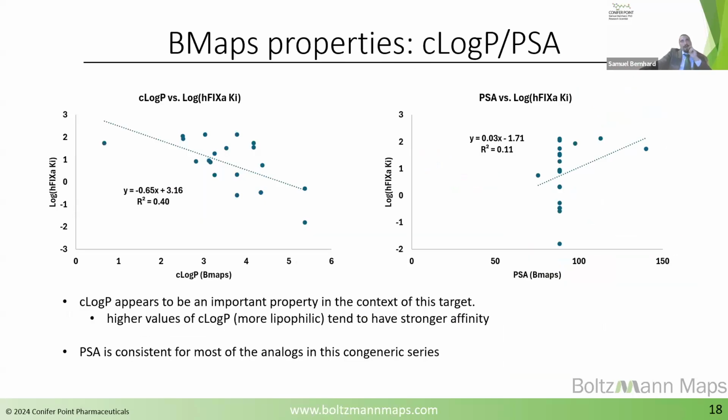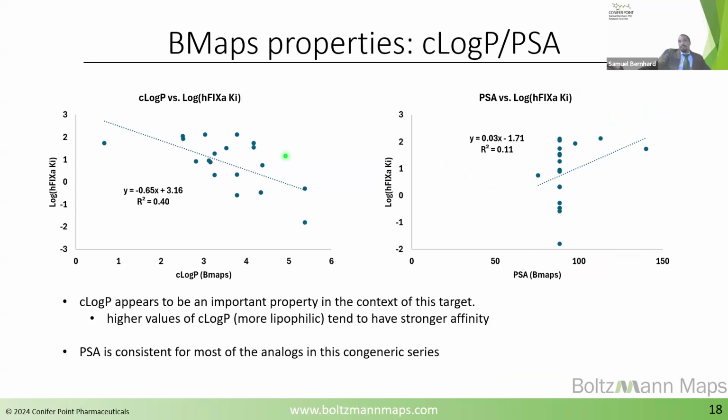I'd also like to discuss some of the other properties that are calculated in BMaps that have come in handy in various projects. So first is C log P, which is a predicted value for the log of the partition coefficient. Log P is considered an indicator of molecule density.